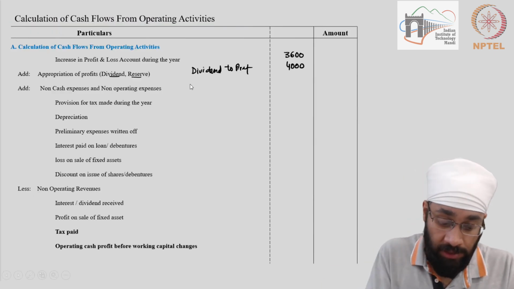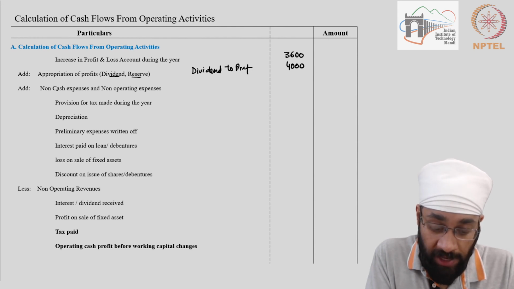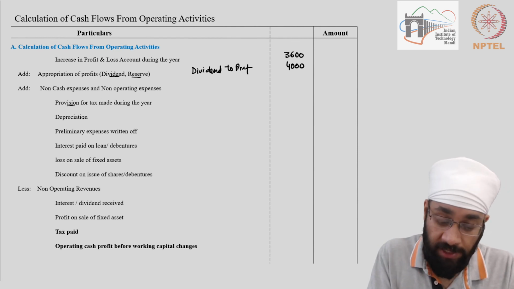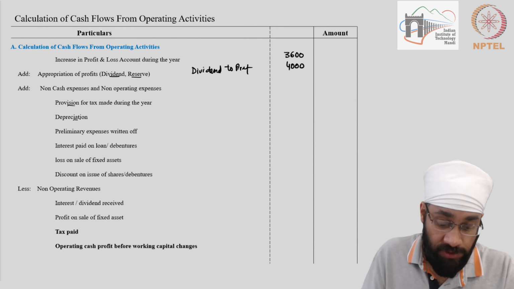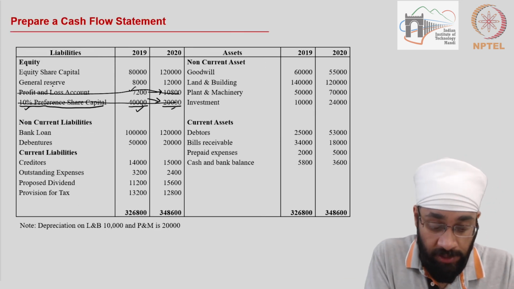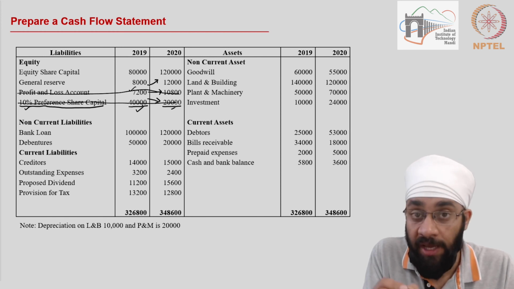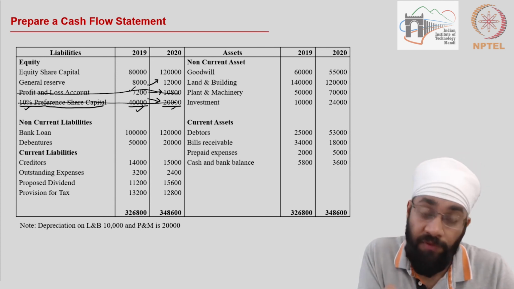Next item in the cash flow from operating activities are the non-cash expenses. So is there any provision for tax, depreciation? Let's look for such items. Oh, by the way, we missed one, which was reserve. So let's do that as well. So reserve, there has been an increase in the reserve by 4,000, which means you transferred the profit to the reserve.